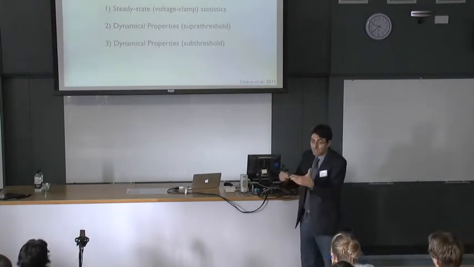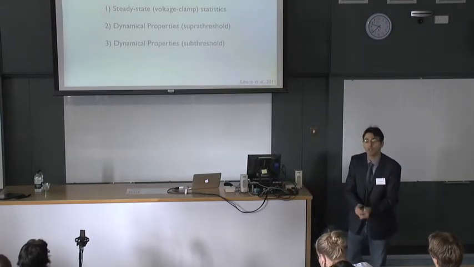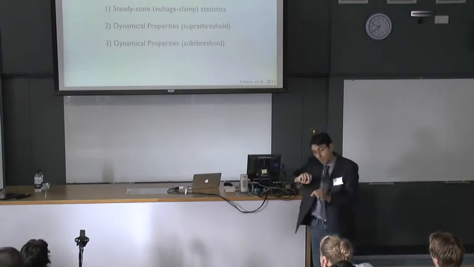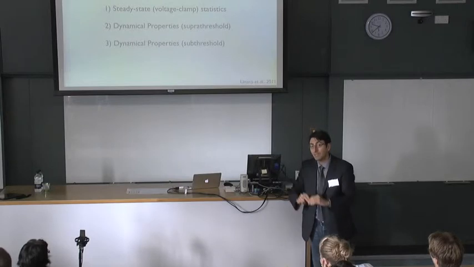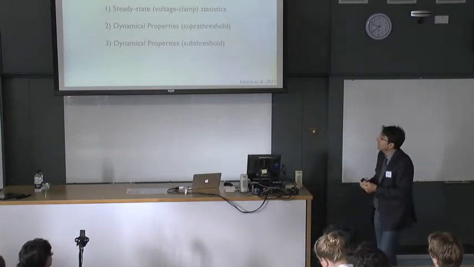The first one, I will look at the statistics at the steady state. So I will simulate a voltage clamp experiment in which this patch of membrane is clamped. The transmembrane voltage is kept fixed, and it's the experimenter, or the one who runs the simulation, that controls it.